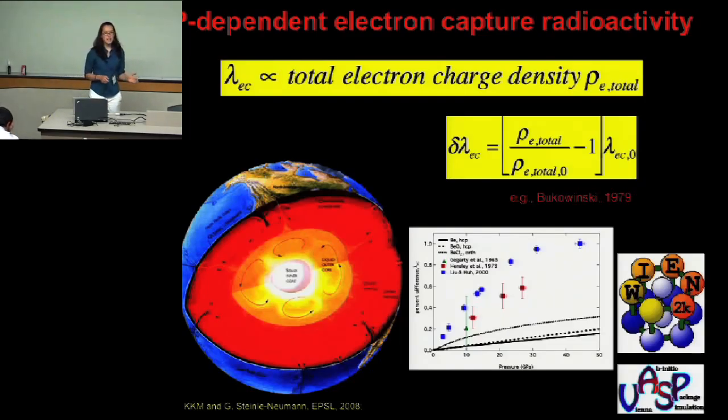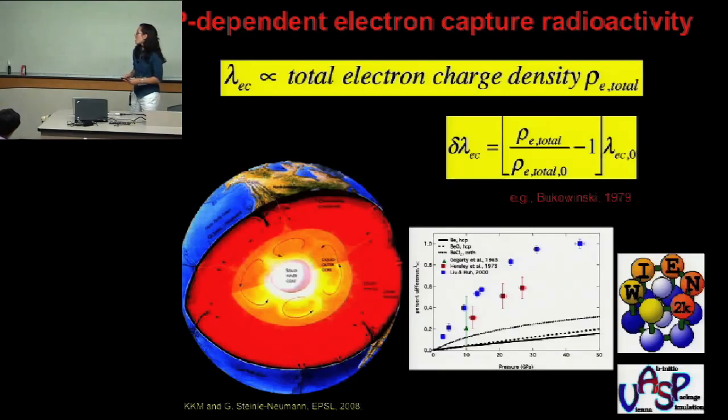And of course, we looked at potassium-40, because potassium-40, as from the previous few slides, has been my element of choice as of late. And with aluminum-26, depending on the particular chemistry that you put it in, say as an oxide rather than a metal, you have a different result in the sense that your change in decay constant goes negative at pressure rather than positive.